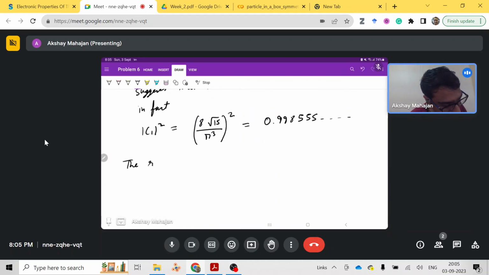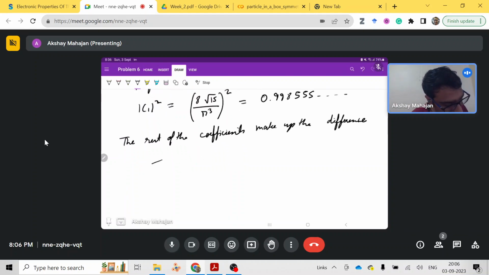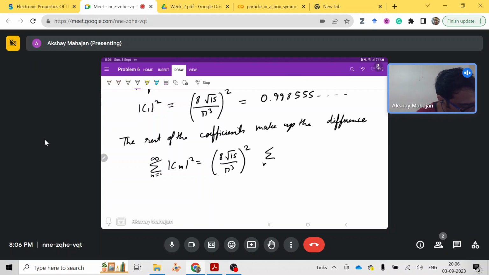The rest of the coefficients make up the difference. One can also check that the summation from n equals 1 to infinity of mod of Cn square, as we have proved, equals 1. So you can check the summation over n equal 1, 3, 5 and so on up to infinity of 1 upon n to the power 6.